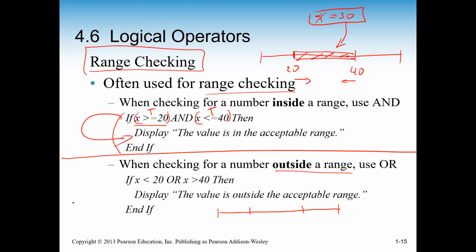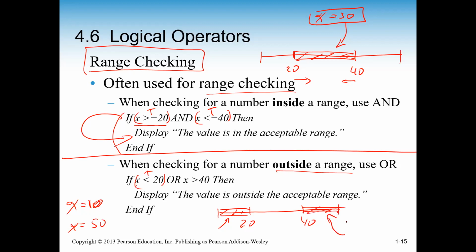So again, let's do x equal 10, which we know is outside the range of 20 to 40. Now it says if x is less than 20, yes, it's 10, so this is true. Or x greater than 40. Let's say x was 50 maybe, so again it would fall there.